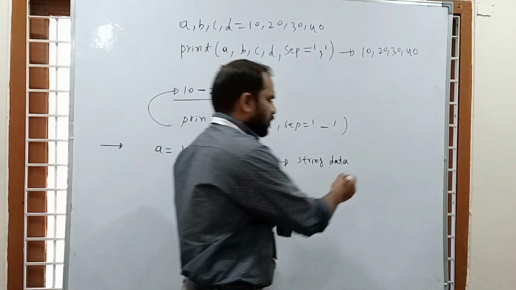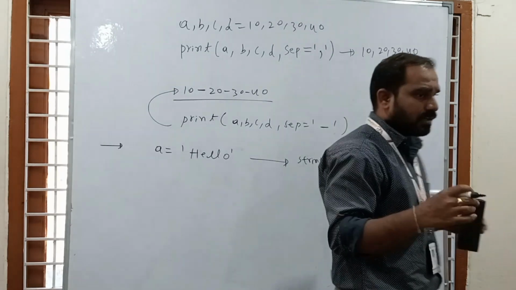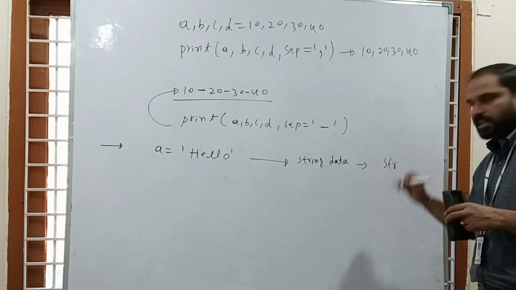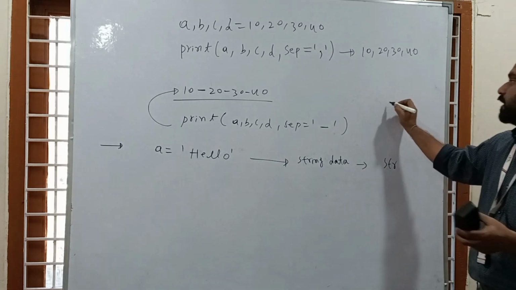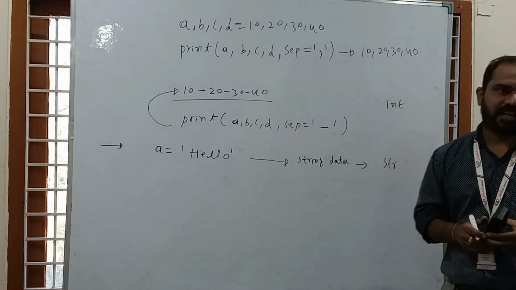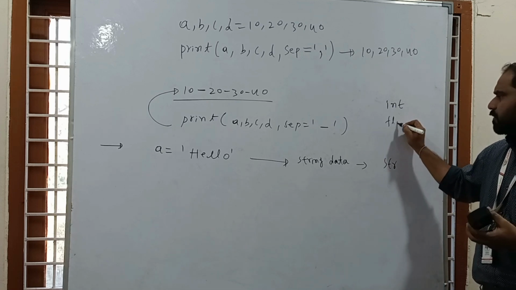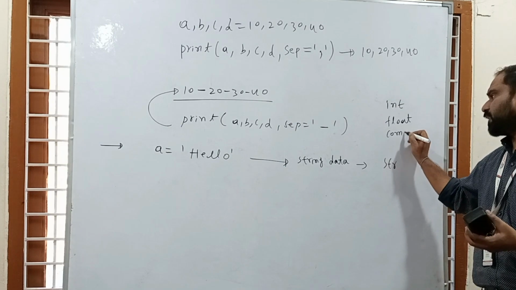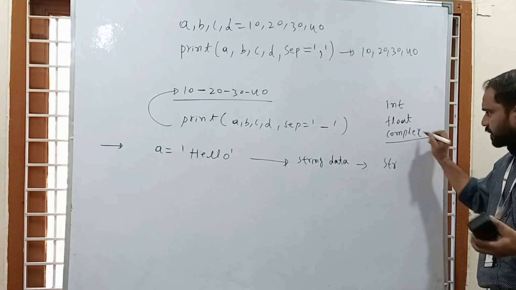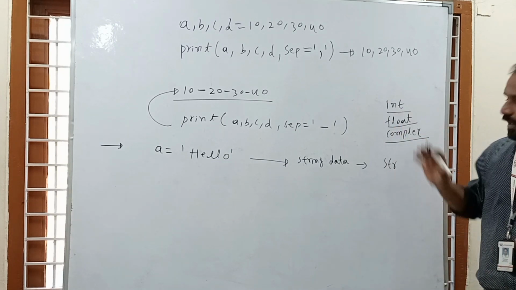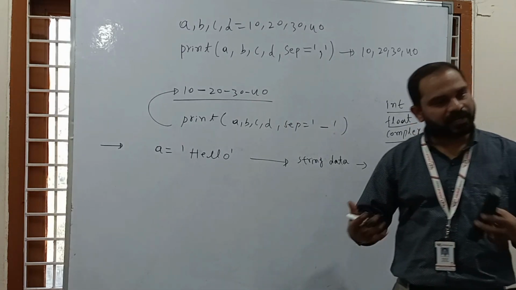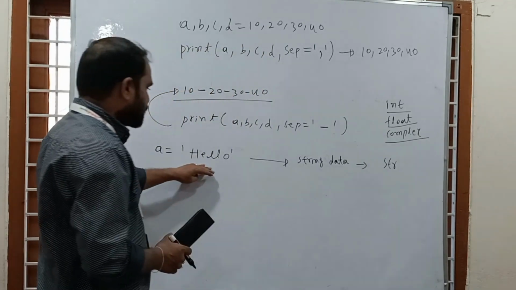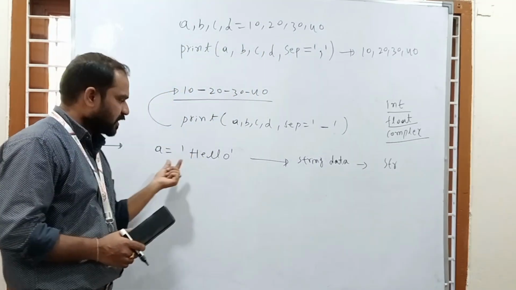So in Python, strings are represented with the name str. Str means string data. Int means integer data, right? Again we have float. Float means floating point number, and then we have complex. The names are as is. Okay. Not only this, we have different data types also. We will discuss them in the concept of data types. Now, this is the string data we have stored in the variable A.